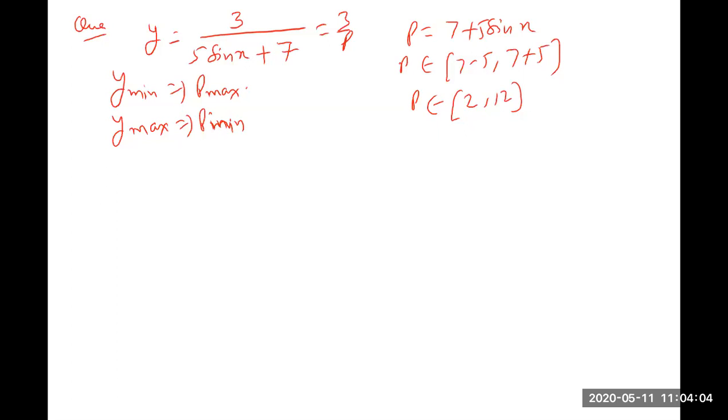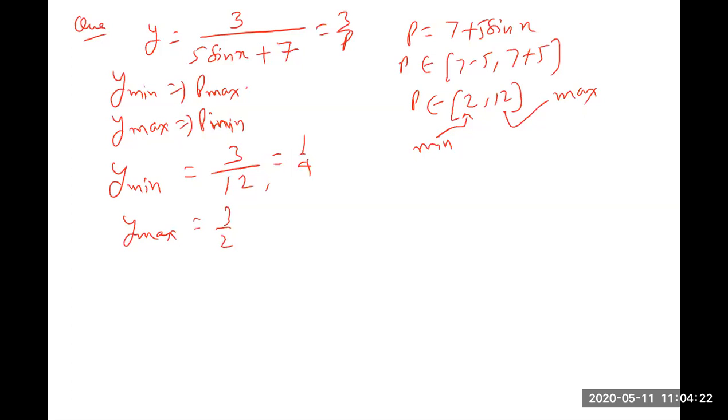So this is its maximum value and this is its minimum value. So Y minimum is equal to 3 upon 12, and Y maximum is equal to 3 upon 2. So this is 1 upon 4. So the range will be 1 upon 4 to 3 upon 2. Or one more method: 5 sin x plus 7 is greater than 2 and less than 12.